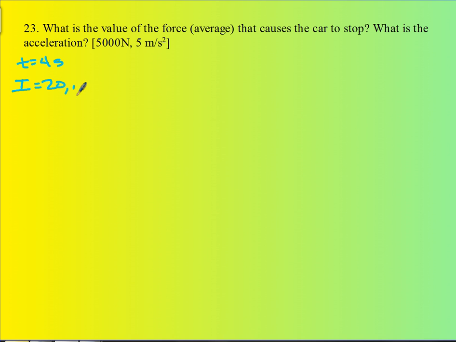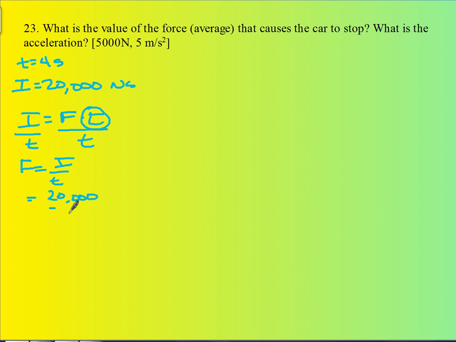I'm just going to take the positive here because we're looking for values. So impulse equals F times time. So to find the force, I'm going to divide both sides through by time. So the force is the impulse divided by time. So this is 20,000 divided by the time, which is 4 seconds, or 5,000 newtons.